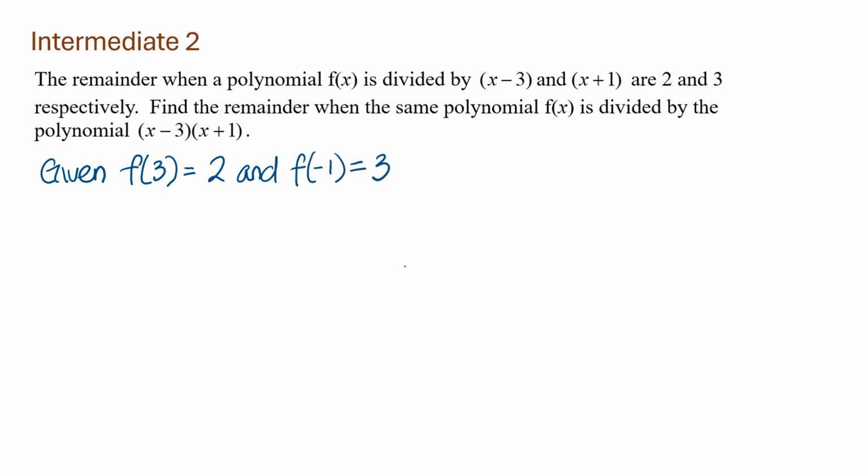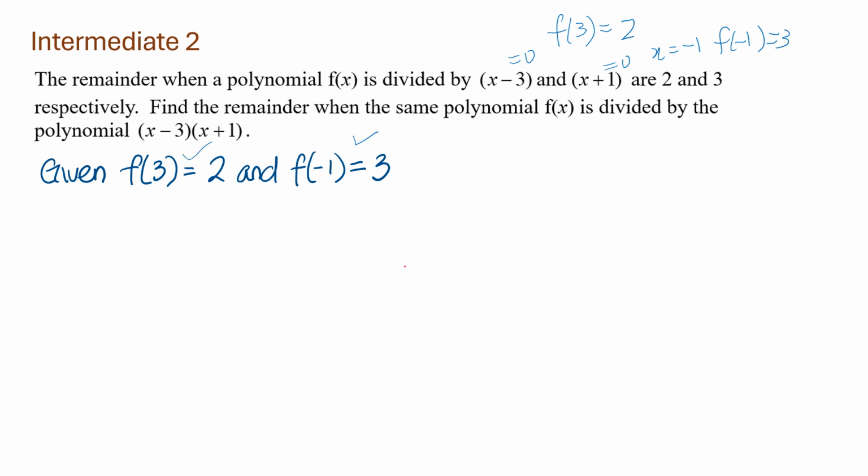Using the remainder theorem, if you let x minus 3 equal 0, we substitute x to be 3, so f of 3 will give you the remainder, which is 2. And when you let x plus 1 equal 0, you substitute x to be negative 1, so f of negative 1 will give you 3. So that explains these two parts here.